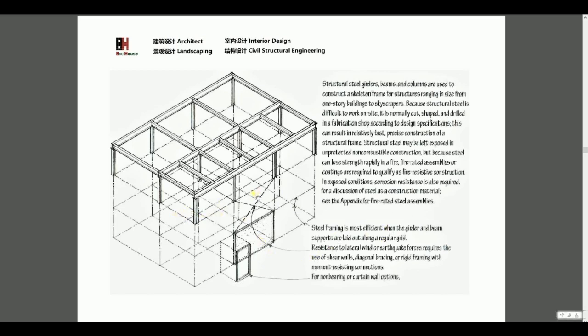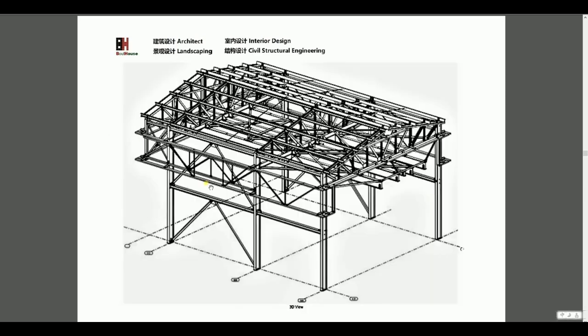Compared with other materials, it's the same thing. We have the steel column and the steel beam, a girder, which is the main beam, and on the main beam we have the secondary beam, and the secondary beam supports the floor.